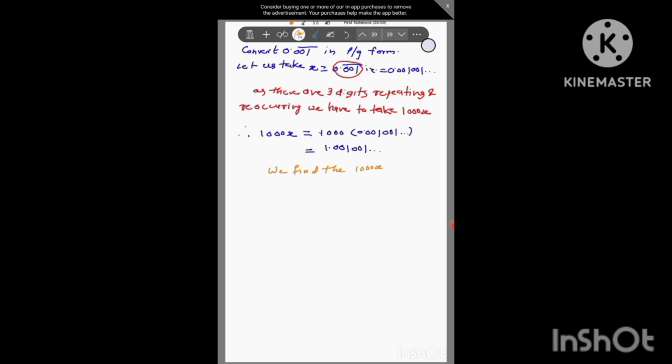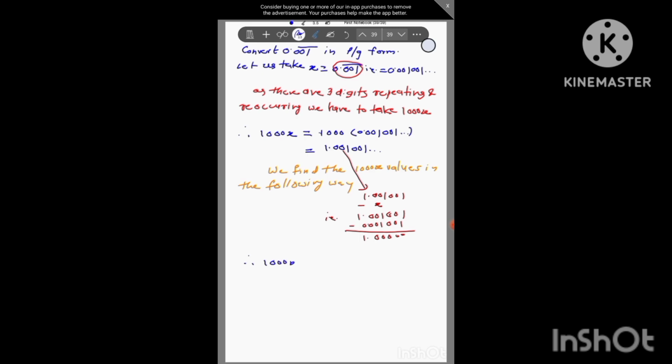So subtract x from this quantity 1.001001. We take 1.001001 and subtract x, and we get 1.00000. It is very simple.